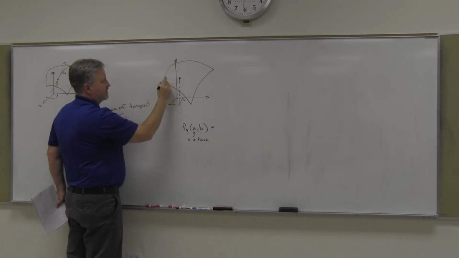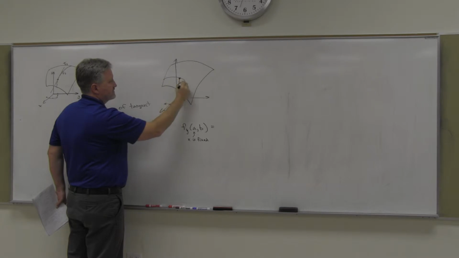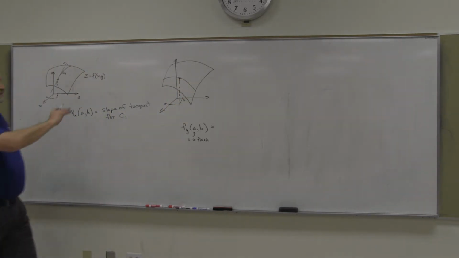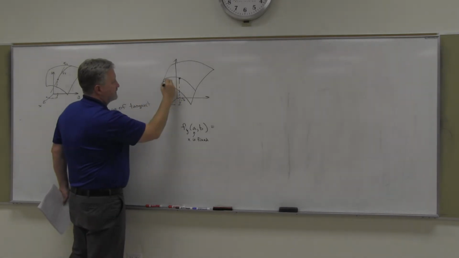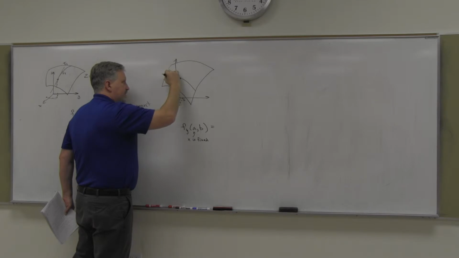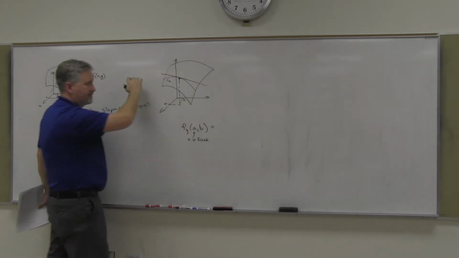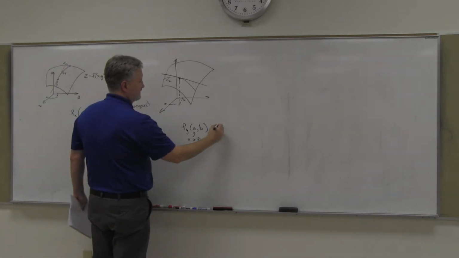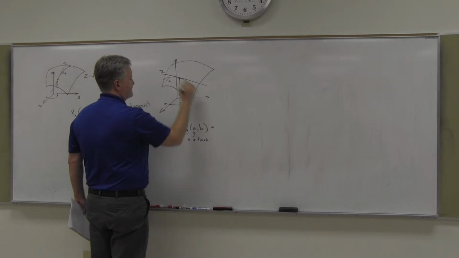If we slice the curve like that, I'd probably get something like that. And so f sub y of a, b is going to be the slope of that, call it C2. It's the slope of the tangent of that line. A lot going on here. So let's call that T2. So it's the slope of T2.